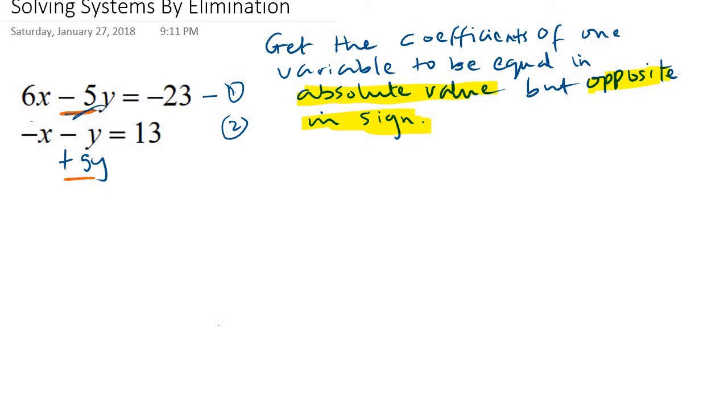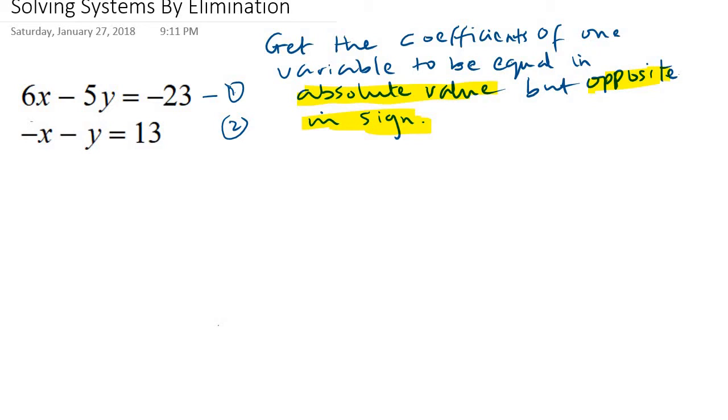Let's get on to this particular problem now. The more efficient choice for me will be to make the absolute value of the coefficient of x in the second equation the same, because I already have 6.